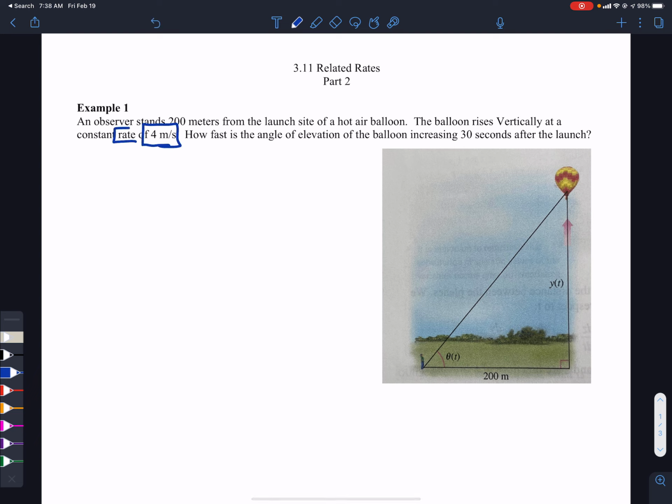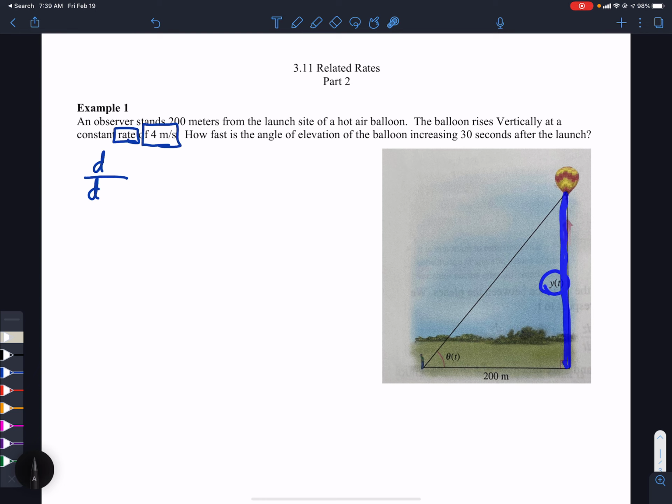It's a rate, so we know it's a derivative. When it's a derivative, we know something is changing as something is changing, and so we have to figure out what's changing. The top is a distance. What distance is changing? They've already labeled this for you as y of t. If they didn't, you'd have to realize, hey, this length is changing, I've got to give it a name.